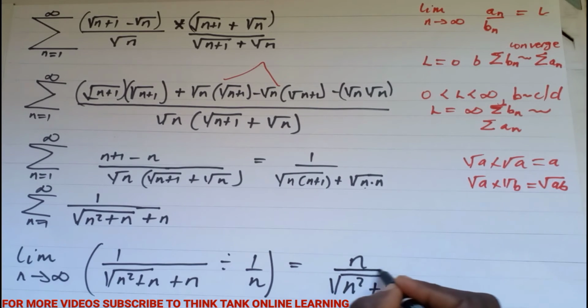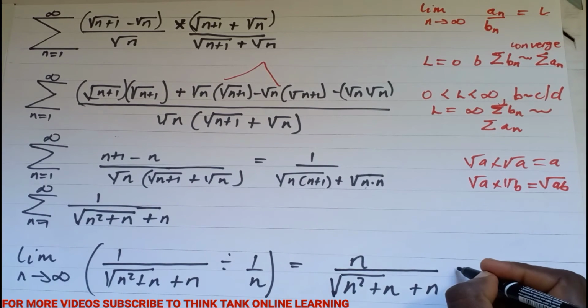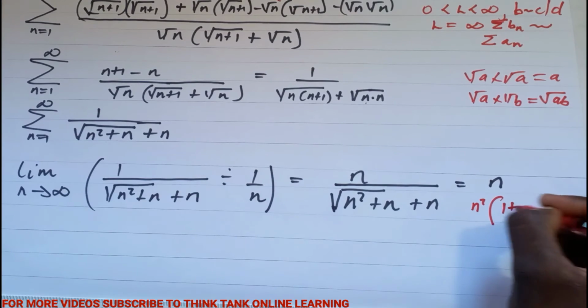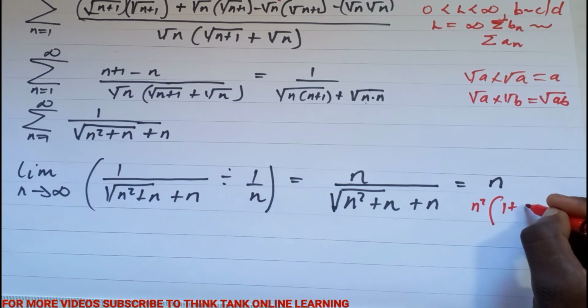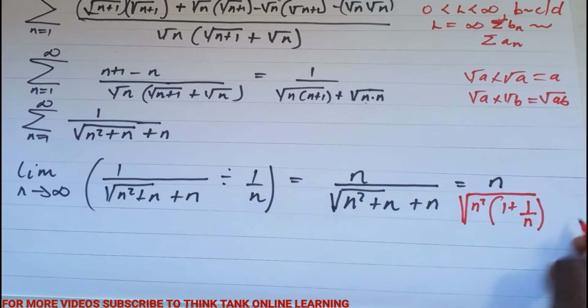Now I want to factor out n, so let's factorize here. If I factor out n squared here, I'm going to get n squared times 1 plus 1 over n, under the square root, plus this n, which is independent of the square root. So I'm going to have something that looks like this. And we have said if we have n squared, you can just pull it out because you know the square root of n squared.